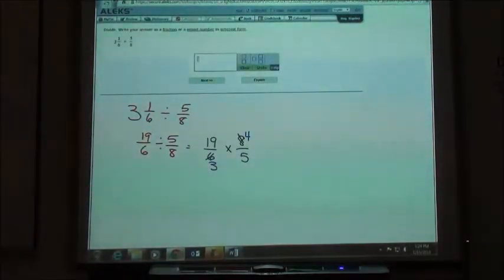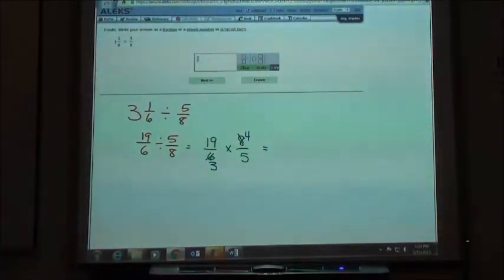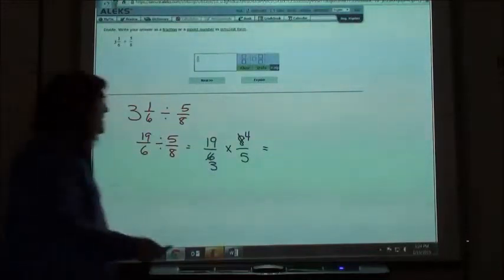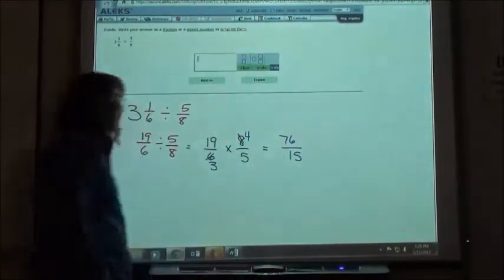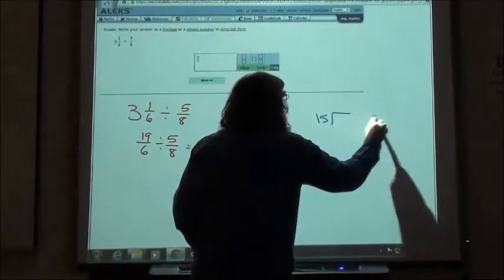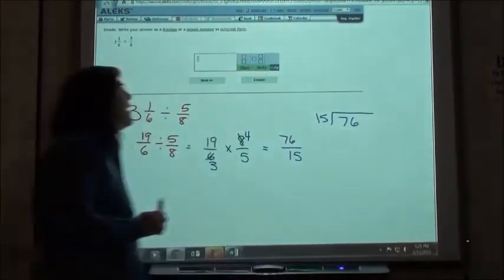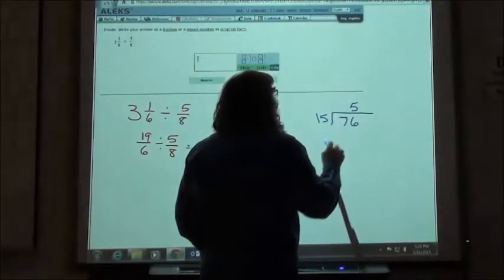So multiplying 19 times 4 is 76. And then 3 times 5 is 15, right? 15 divides into 76 how many times? 5 times. 5 times 5 is 25.